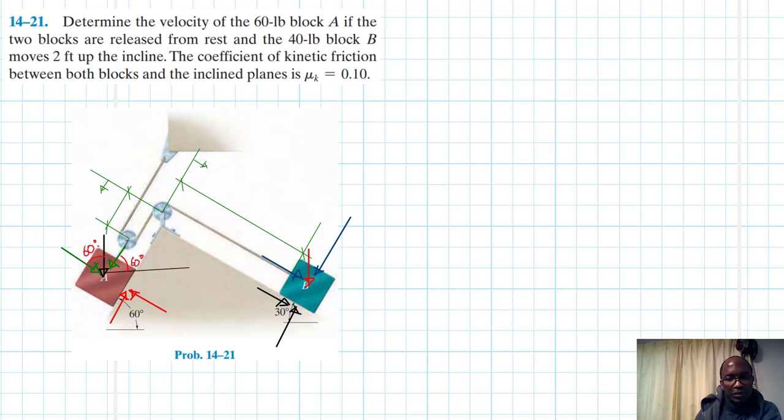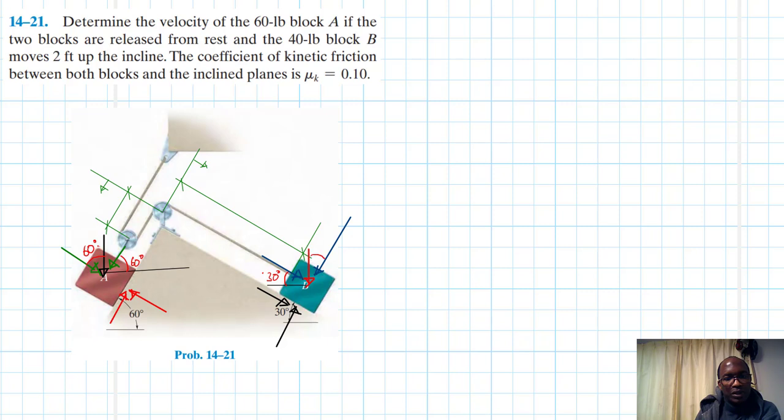We do the same there. So if that is 30, this becomes 60, and this one is 30. Alright, let's plug it in.